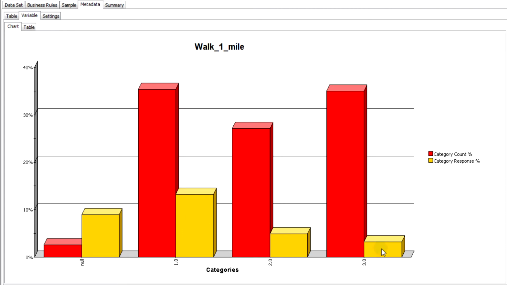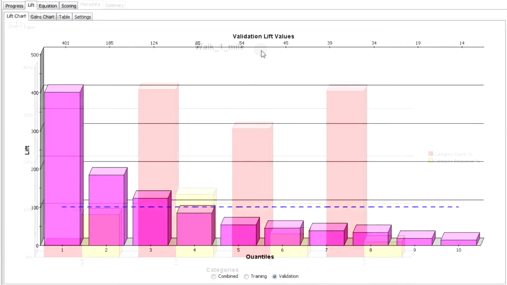On the other end of the scale here, about the same number of people, 35% circled box 3, meaning yes, they could walk a mile no problem, and only 3% of that population died by the time the next survey came around. So obviously being able to walk a mile is a significant predictor, and that would be included in the model.